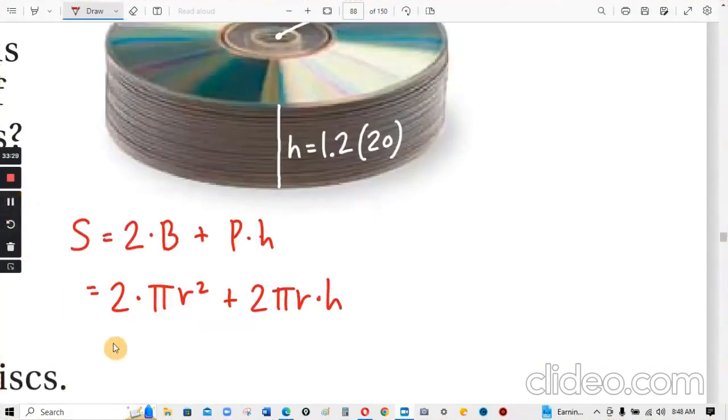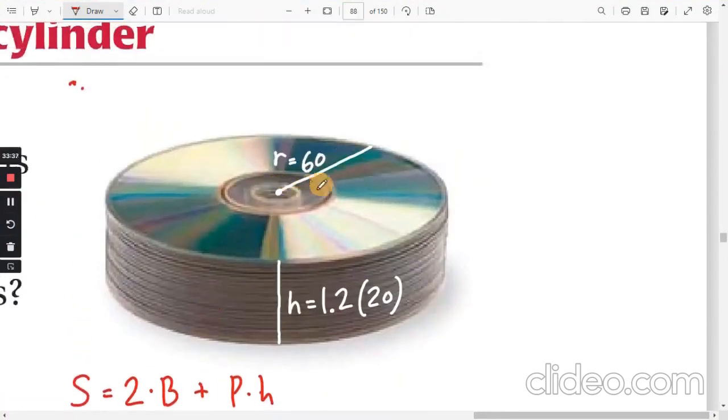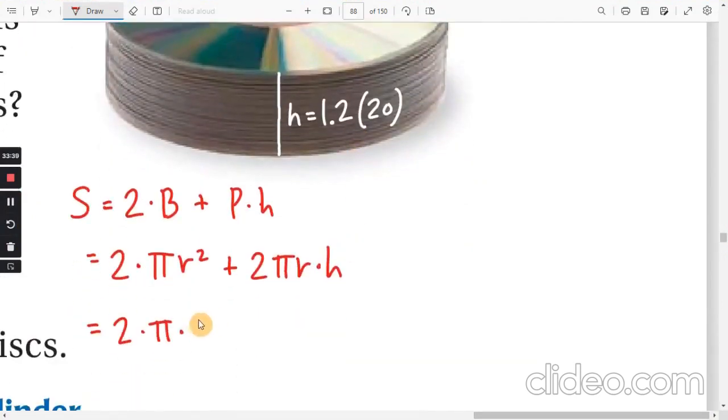All right, so we have 2 times pi, and that's times the radius squared, so that's going to be 60 squared. Plus 2 times pi again, times the radius, which we said was 60, times the height, which we said was 1.2 times 20.